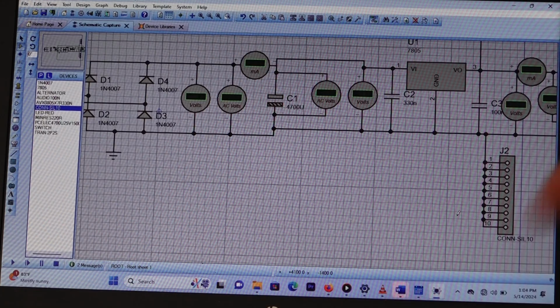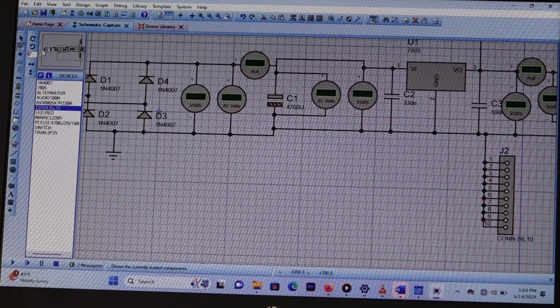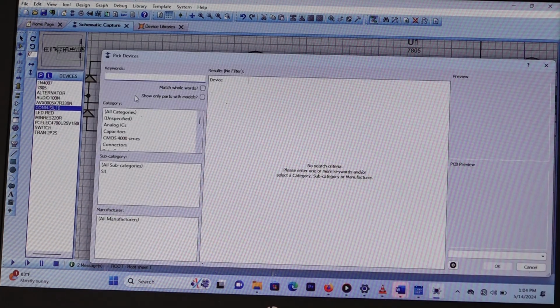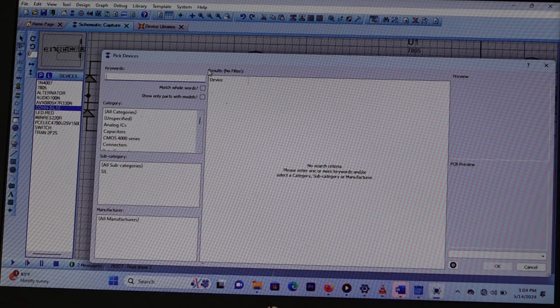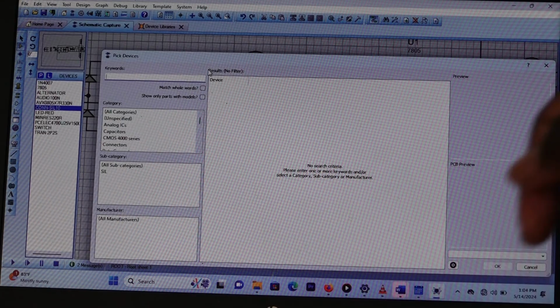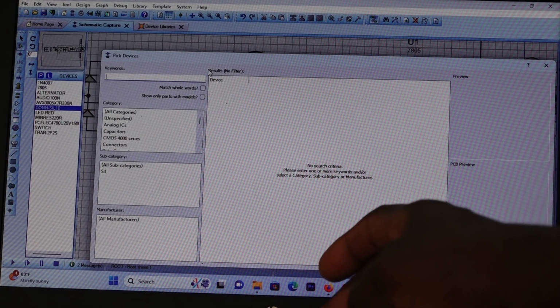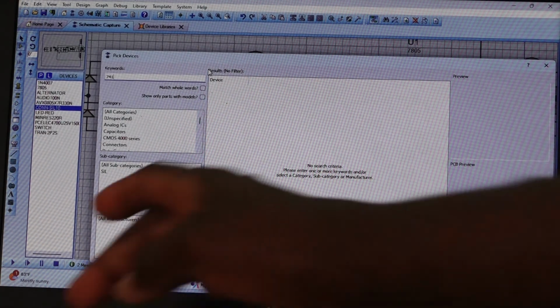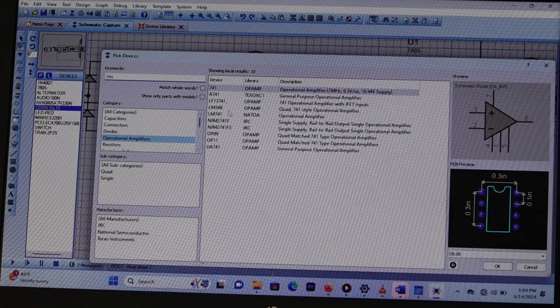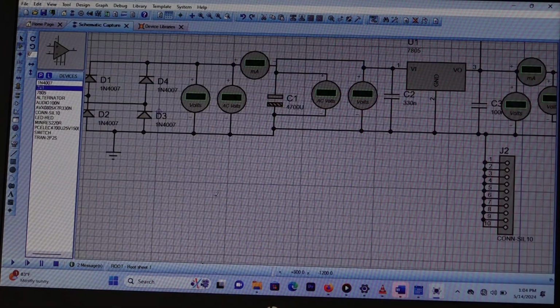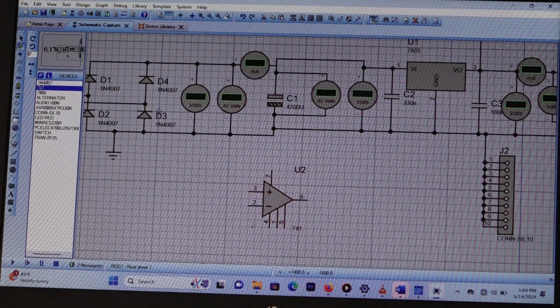Bank. For instance, if you have one of the components here, let's say the UA741 operational amplifier. This is the electronic component. For instance, this is one of the control units.